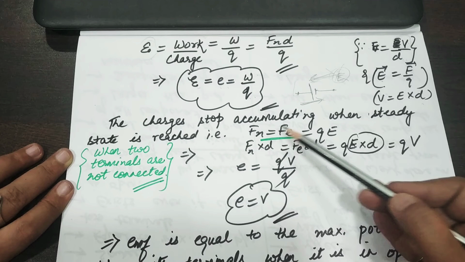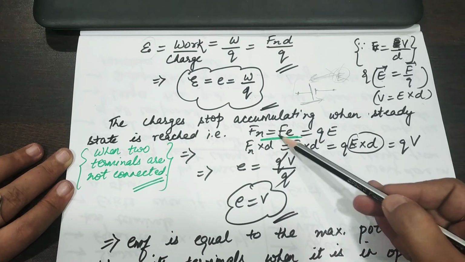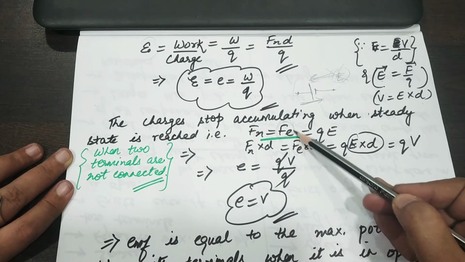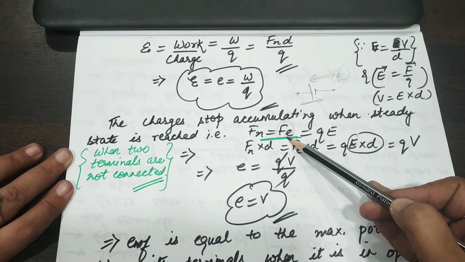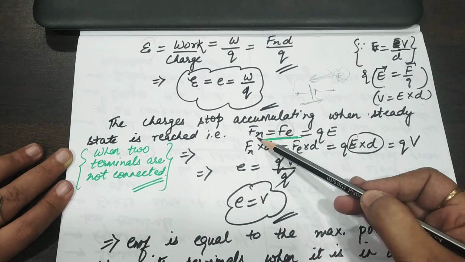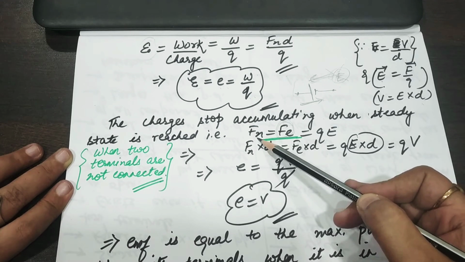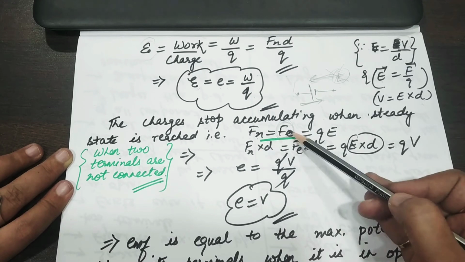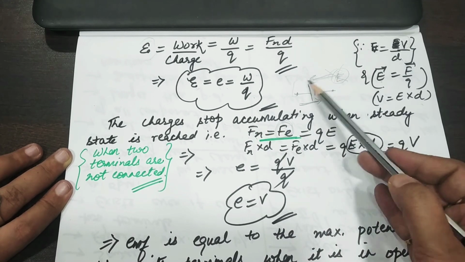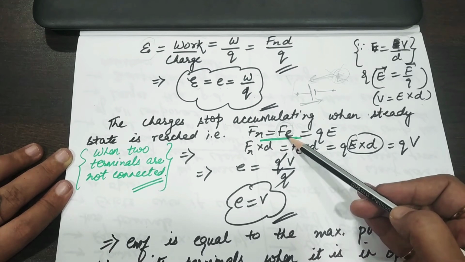So we may write Fn is equal to Fe. This force is due to the electric field between the plates of the cell or the source. This force is because the charges are being moved in the opposite direction, from lower potential to higher potential. So when the charges are not accumulating, these two forces will be the same.